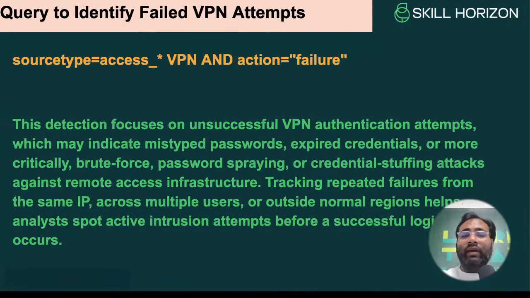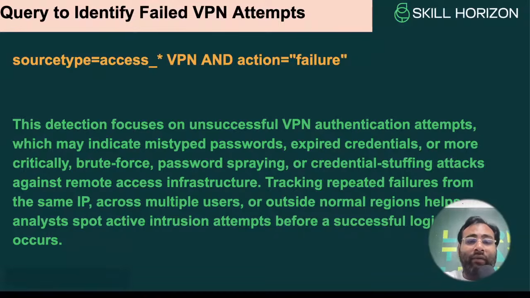The next query we have is failed VPN attempts. In an organization, VPN is a must. They are using it for different kinds of purposes, but any failed VPN attempts can be logged, and you can identify them with this query, because unsuccessful VPN authentication attempts can also lead to account compromise, right?